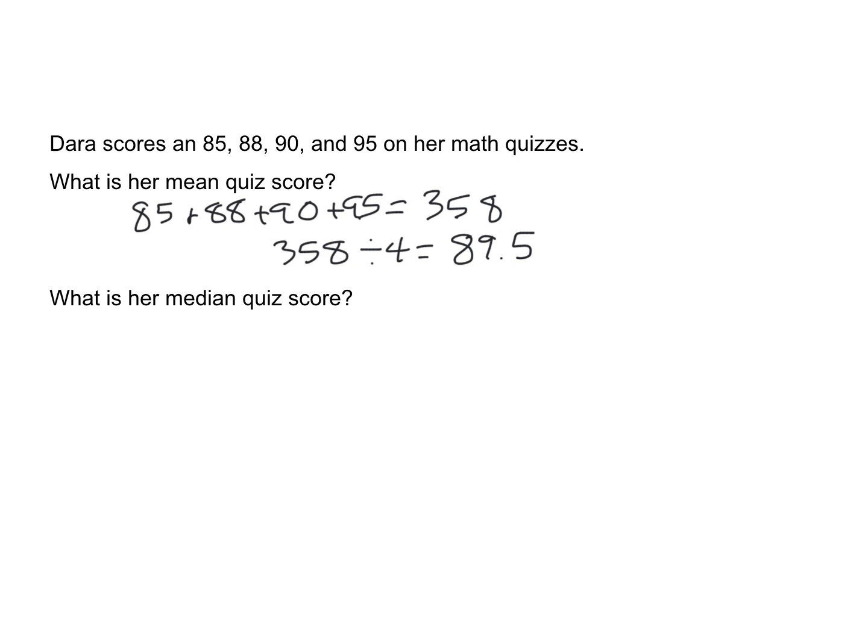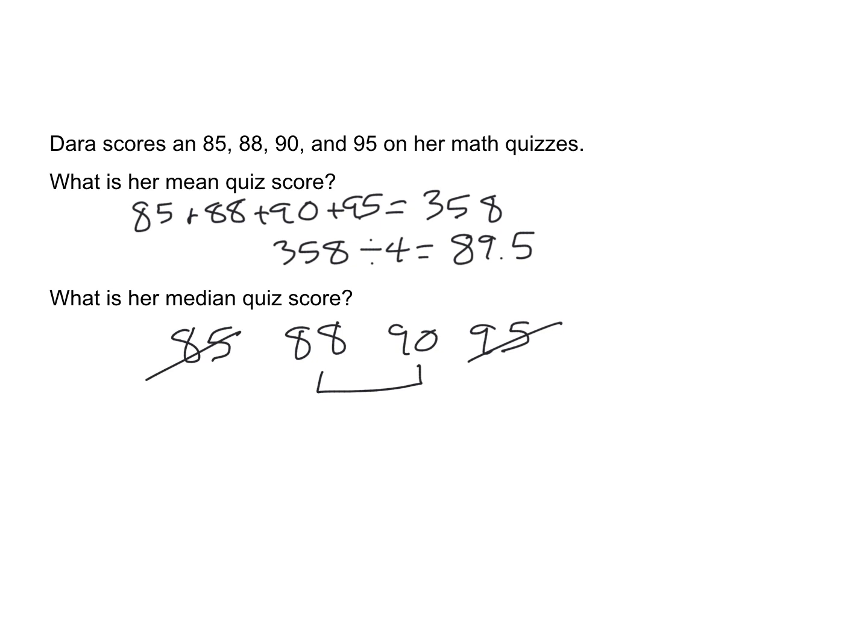Her median quiz score, we have to put the numbers in order, which they already are, actually: 85, 88, 90, and 95. And then we need to find the number in the middle. So cross those off. Now we're trying to find the number exactly in between 88 and 90.